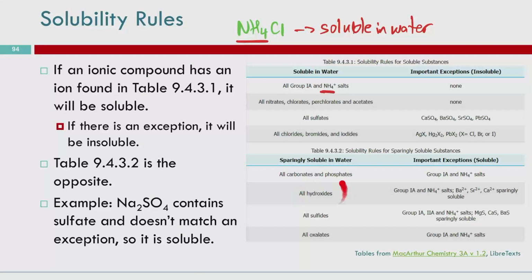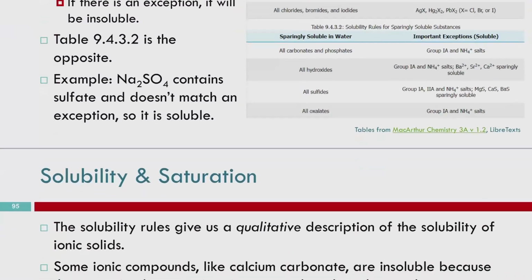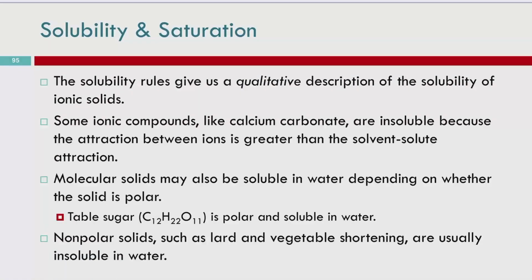If we pick something from the bottom group, something that's a carbonate, a CO3 2-, something that has a phosphate, PO4 3-, sulfides, oxalates, hydroxides, any of these things, and we have an exception, then it will be soluble. We'll do examples, so I'm not going to belabor that.